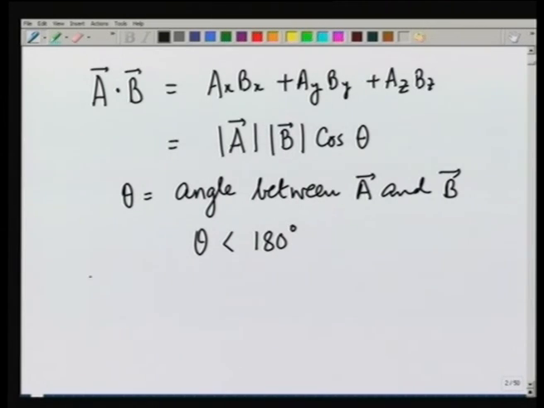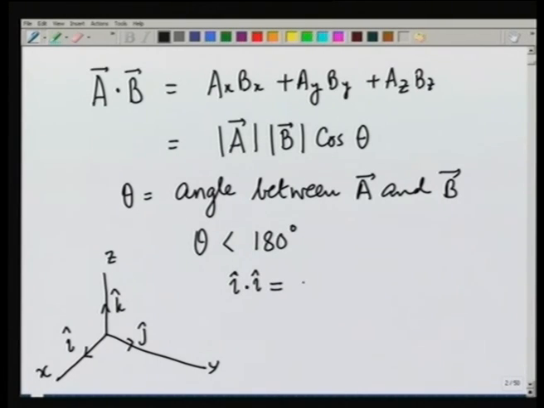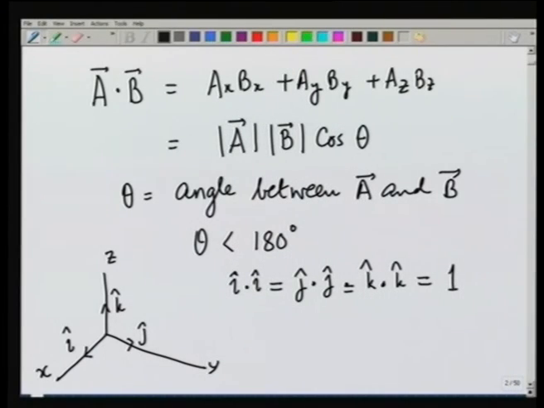In particular, if I look at the unit vectors along x direction, y direction and z direction, we find that i dot i is same as j dot j, they are all equal to 1, because their magnitude is 1 and the angle between j and j or k and k is 0.